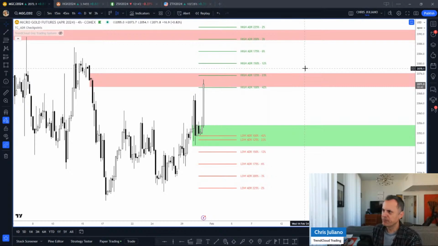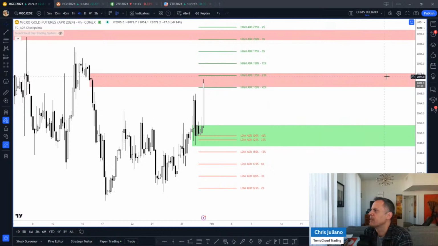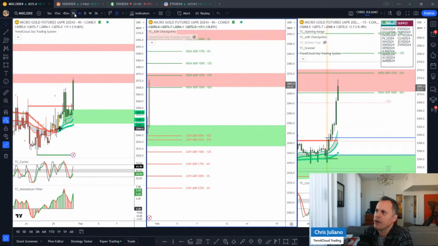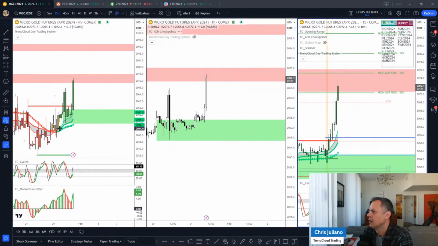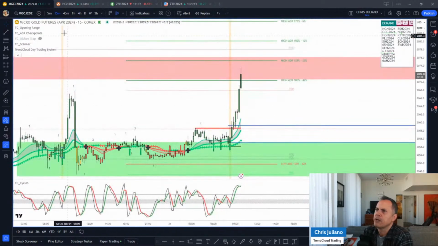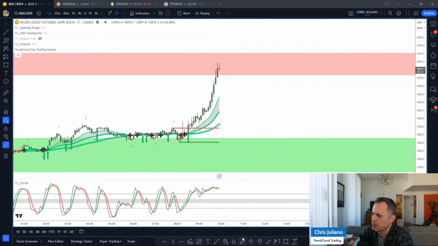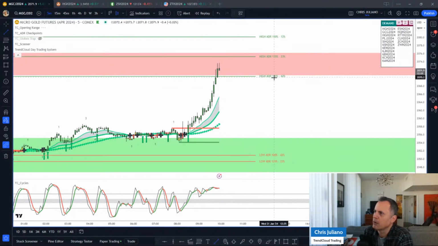So what would we look for? The 4-hour, 1 hour. What we would look for here on that 5-minute chart, right? We would look for, there we go.